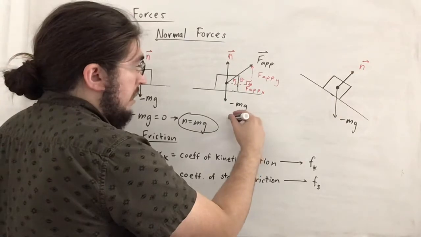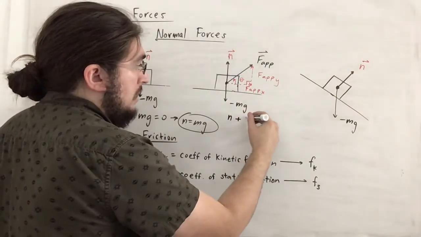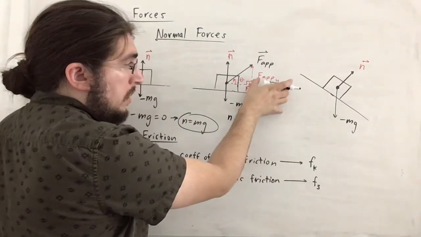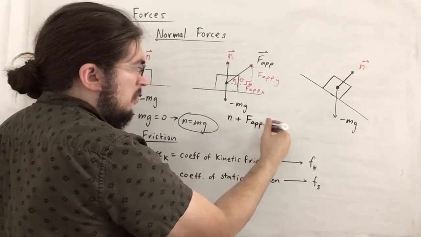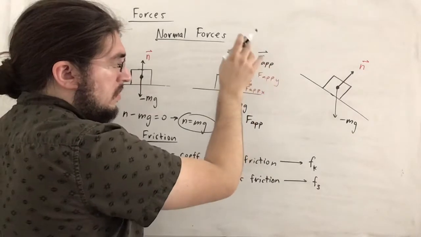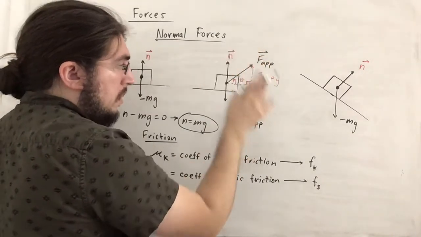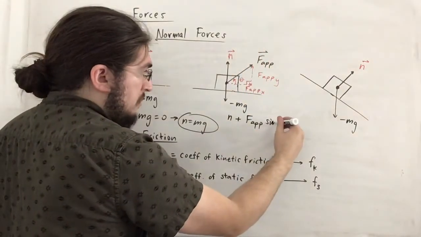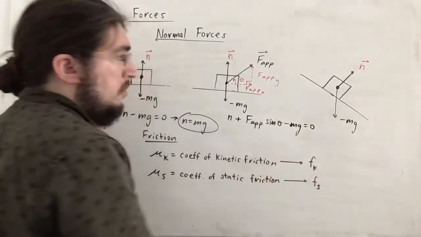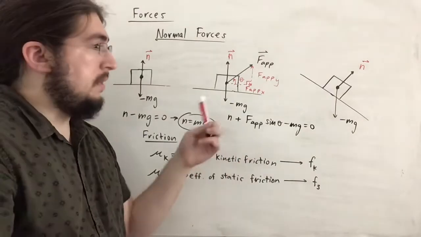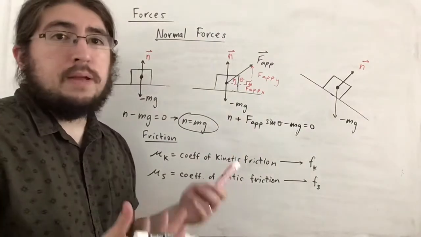So n plus the y component magnitude, which is just the applied force magnitude multiplied by sine of the angle, minus mg, is equal to 0, because this is what is called an equilibrium.